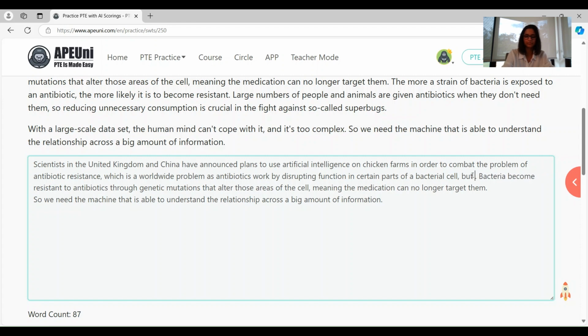But the bacteria become resistant to the antibiotics through genetic mutations.